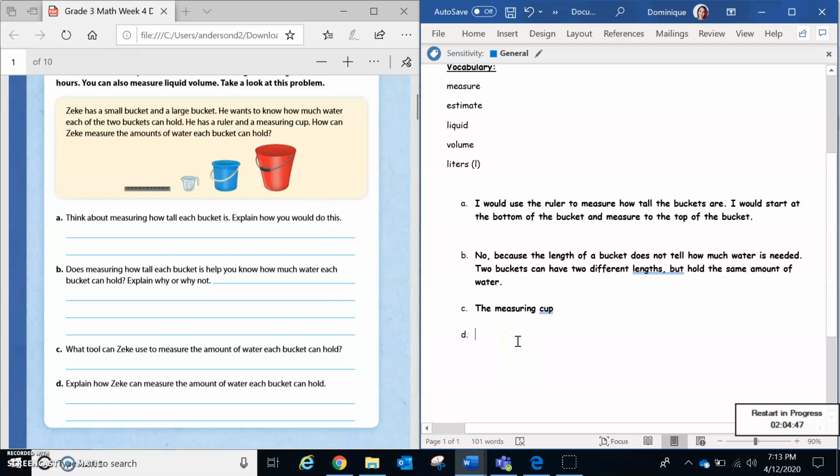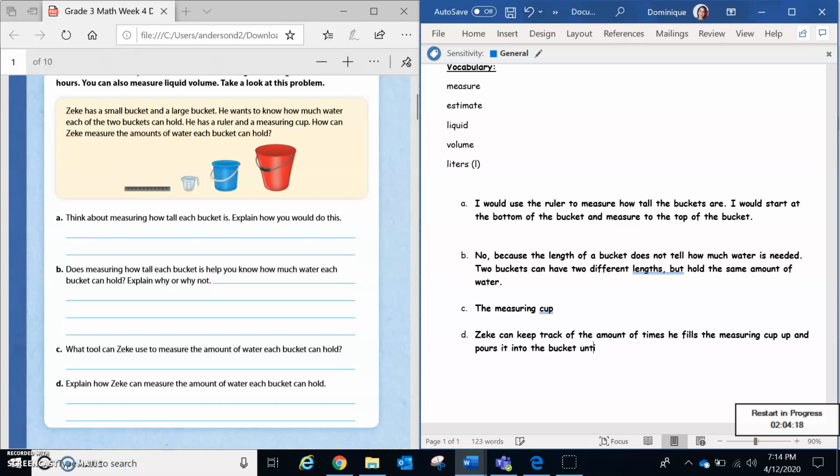So what he can do is Zeke can keep track of the amount of times he fills the measuring cup up and pours it into the bucket until it is filled.